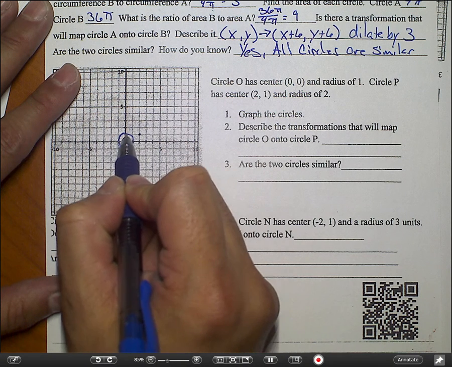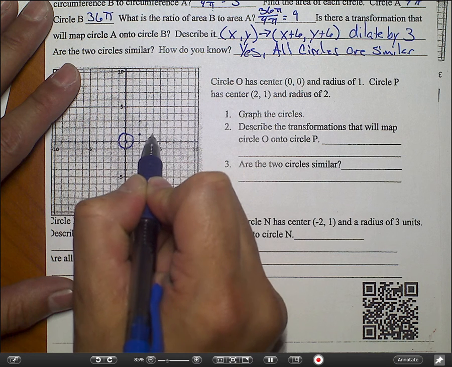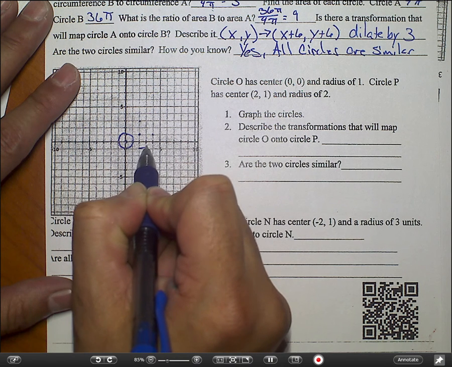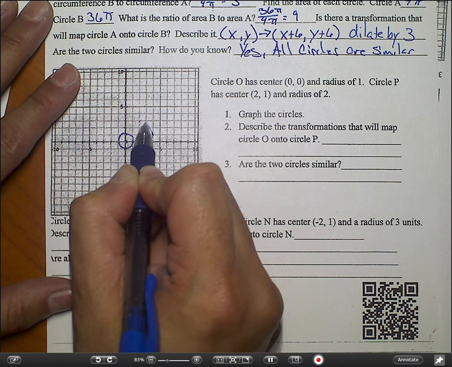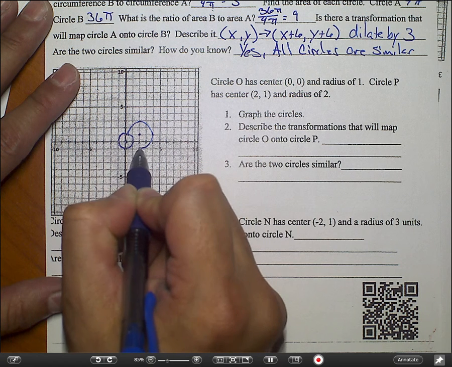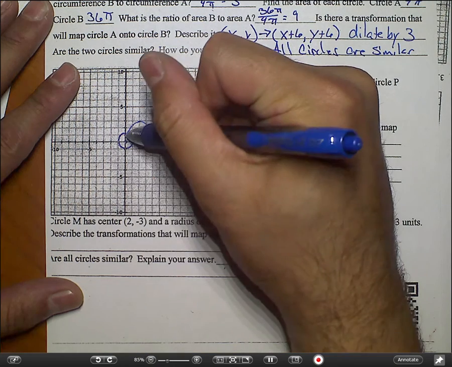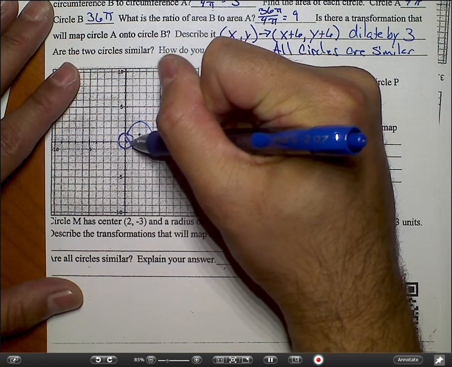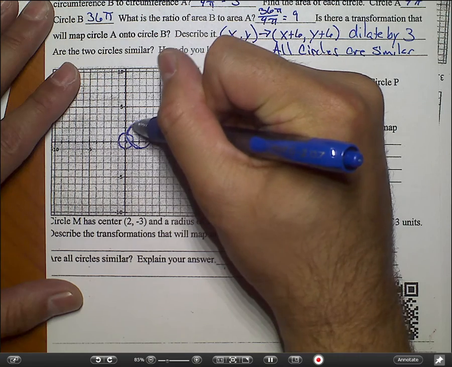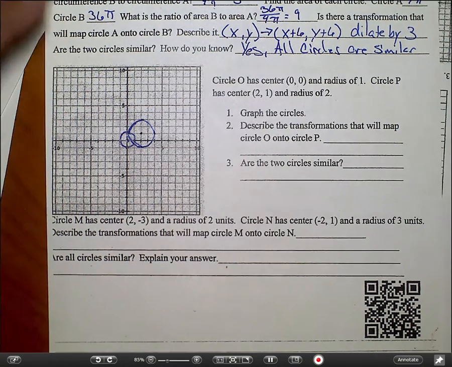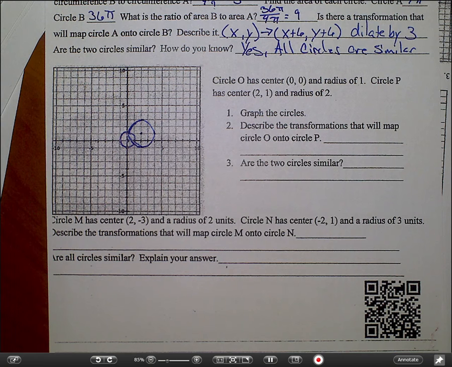So it's going to go here, here, here, and here. It's going to collide. Did you put your two circles in? Did you graph them?